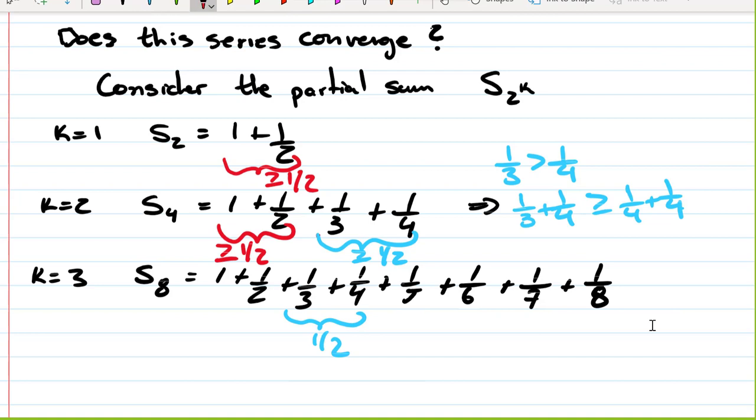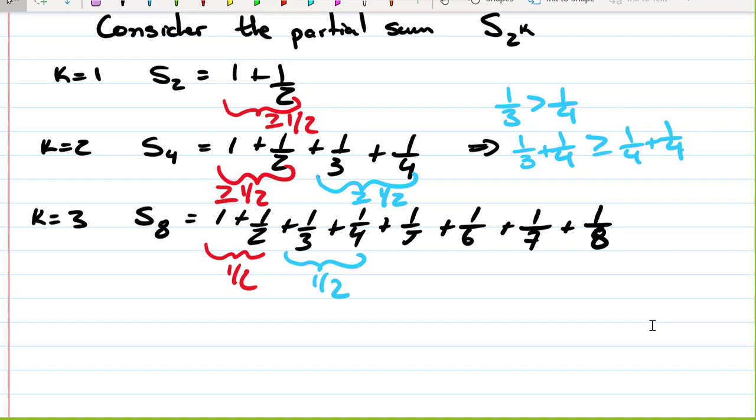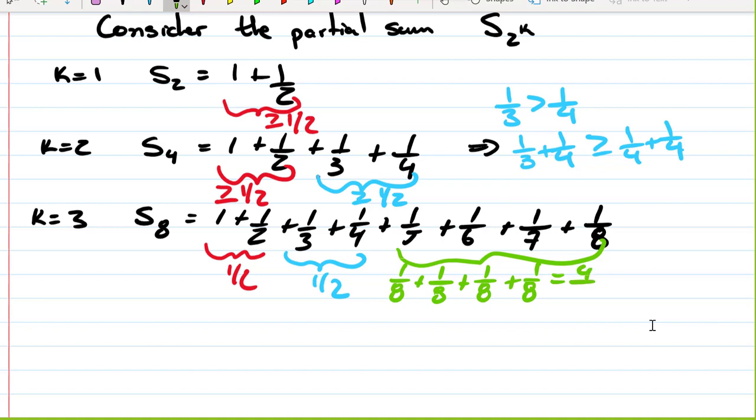The first two terms were bigger than 1/2. And now if I look at these next ones, 1/5, 1/6, 1/7, and 1/8, well, 1/5, 1/6, and 1/7 are all bigger than an eighth. And 1/8 plus 1/8 plus 1/8 plus 1/8 equals 4/8, which is a half.